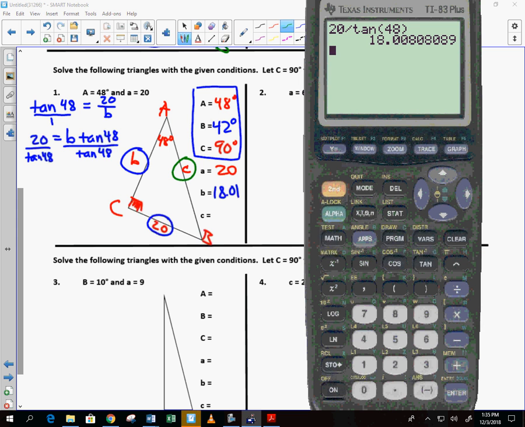Now I want to find C. Sine, cosine, or tangent? The hypotenuse is opposite, so I have to use sine. Sine of 48 equals 20 over C. Write it over 1 and cross multiply. 1 times 20 is 20, equals C times the sine of 48.